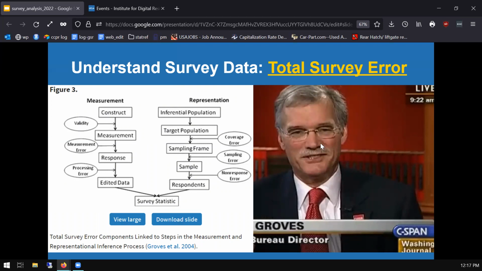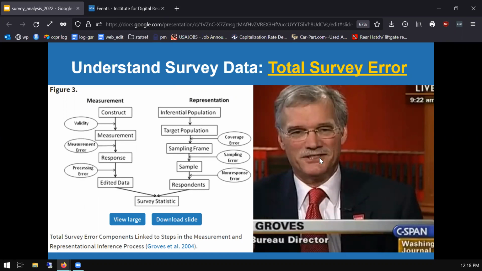But this is Robert Groves. I think he's the only census director that had 2 back-to-back appointments. Usually the census directors only have a 4-year appointment. I think he's the only one in history that spanned across 10 years. So that kind of speaks to the respect and knowledge he has. I think now he's the provost at Georgetown.